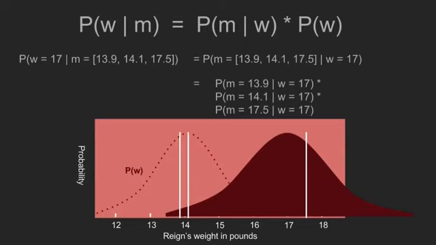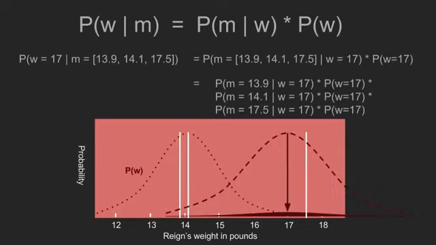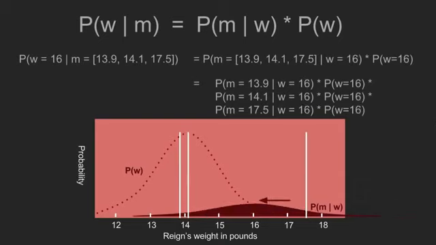Well, we need to multiply that now by the probability of our prior showing that she's 17 pounds, which actually makes that quite small. Now we calculate and multiply the three probabilities of our measurements occurring. So now we have something small times something very small times something very small. So we get a very small result probability that she actually weighs 17 pounds.